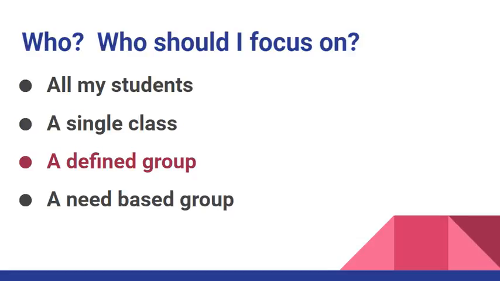So knowing that, I know that I'll have a lot of support from the district in developing my cultural responsiveness skills, and I know it's an area of need for my own students. So that's the group I've chosen, and we'll look at the actual data for that coming up.